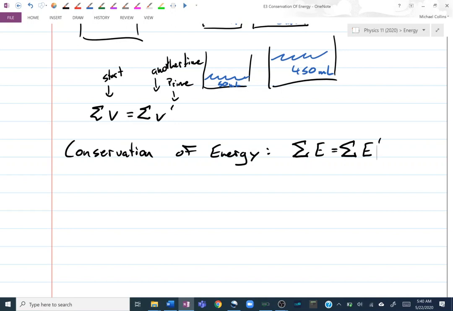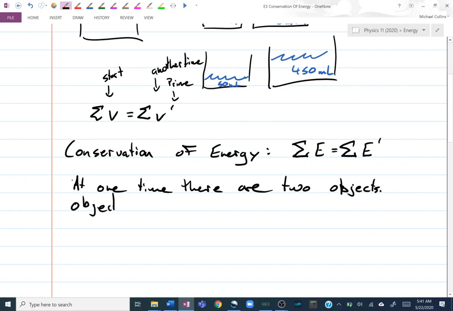But you could look at this as saying, at one time, there are two objects. Object 1 has 300 joules of energy.